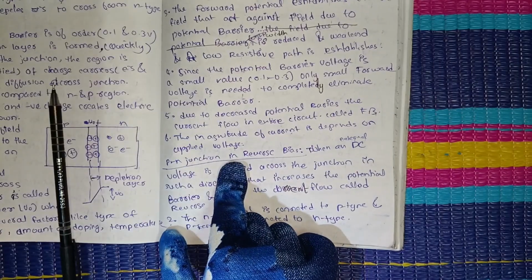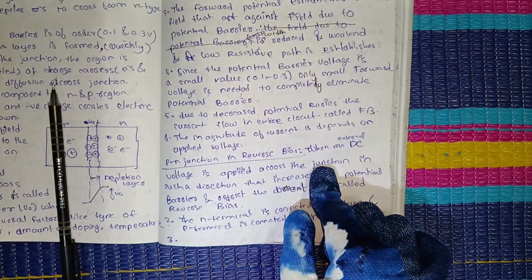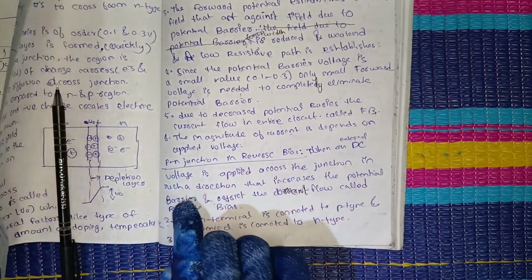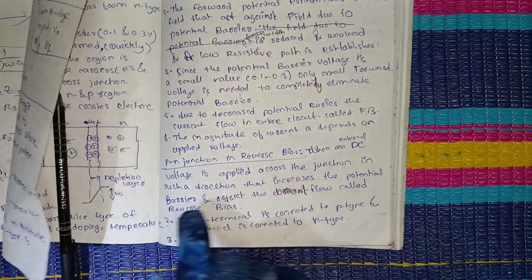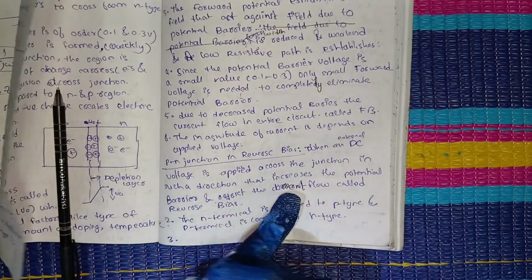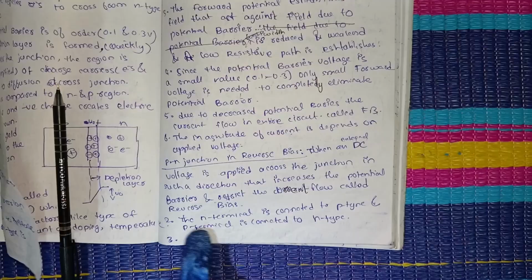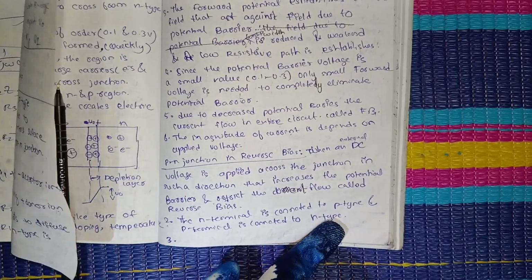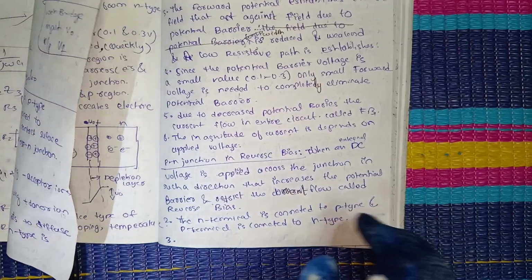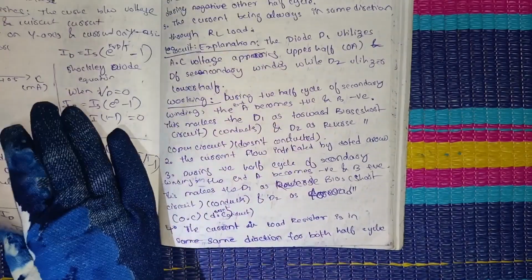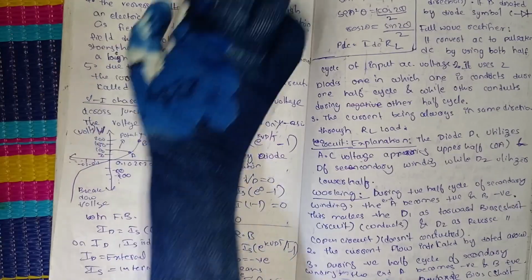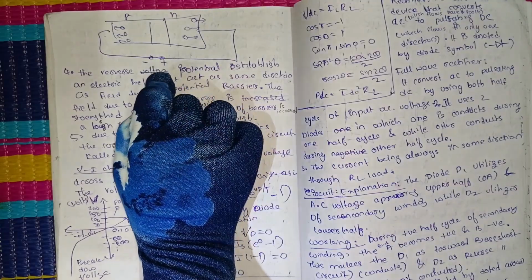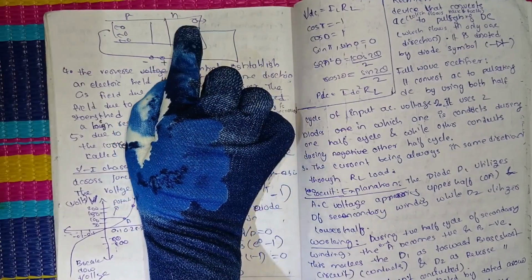Here, PN junction in reverse bias. When external DC voltage is applied across the junction in such a direction that increases the potential barrier and restricts the current flow, it is called reverse bias. The negative terminal is connected to p-type and the positive terminal is connected to n-type material.